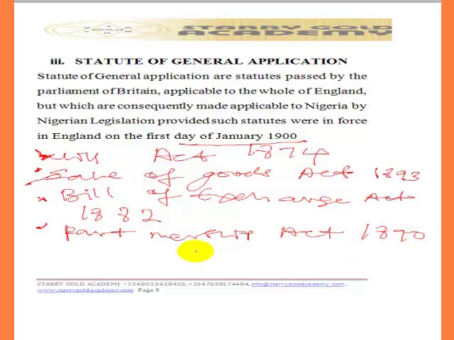So we have the Infants Relief Act of 1874. So these are examples of statutes of general application. They were passed by the Parliament of Britain, and they were brought into Nigeria to be administered, or made use of, by courts in Nigeria.